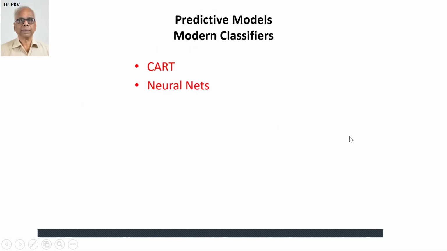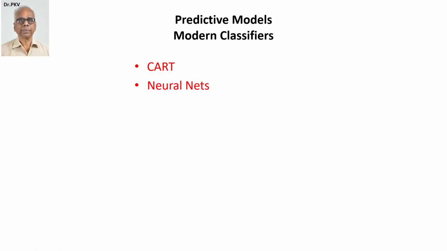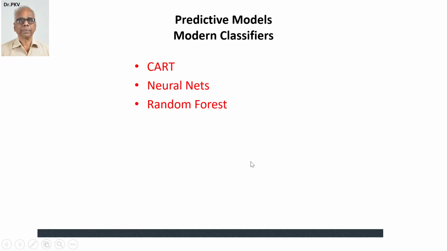Second one, neural nets, which is part of AI and deep learning, which can be used for classification. Then you have random forest, another powerful technique, an outstanding methodology for classifiers. Excellent accuracy you will get with random forest.